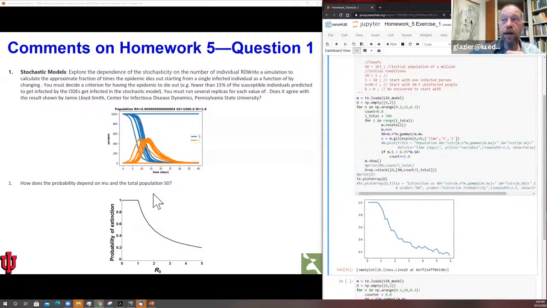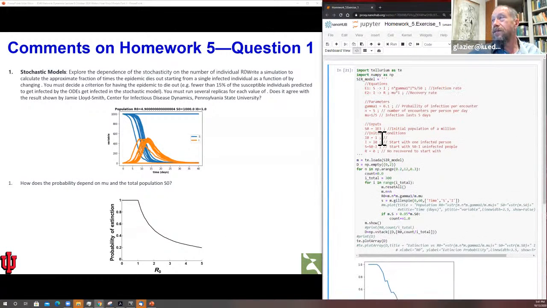So now you could go back and change mu, total population S naught. I can tell you as you make S naught bigger, this curve will get smoother and even more like the curve in this plot. I can also tell you that the time it takes for your simulation to run is linearly proportional to S naught. And so if I make S naught 10 times bigger, it'll take 10 times longer to run.